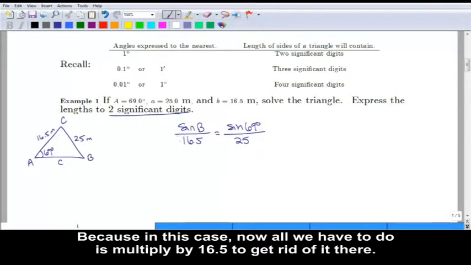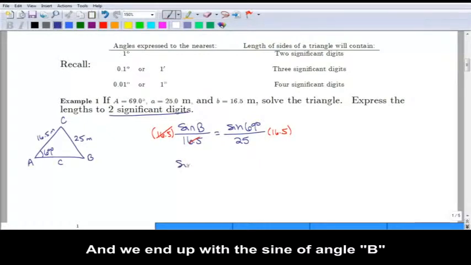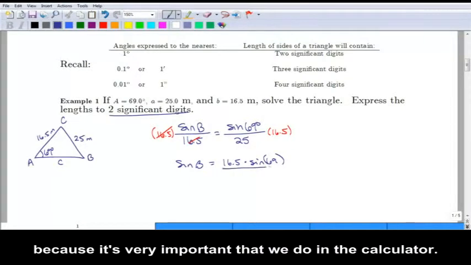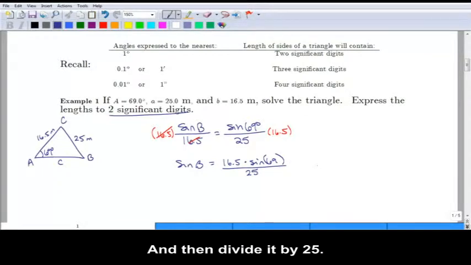Because in this case, now all we have to do is multiply by 16.5 to get rid of it there. And we end up with the sine of angle B is equal to 16.5 times the sine of 69 degrees, and I'm going to put this in parentheses because it's very important that we do in the calculator, and then divided by 25.